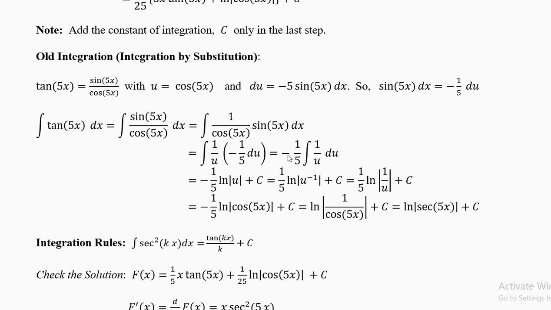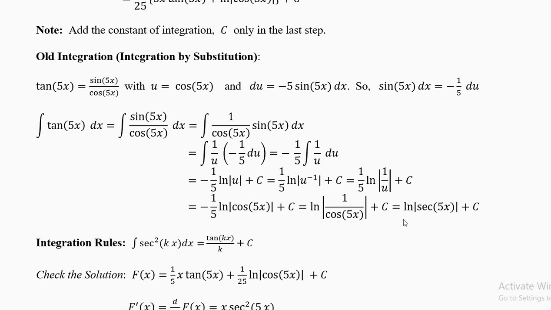Minus 1 by 5 will be out, and you will get integral 1 over u, which is logarithm natural u. So you will get minus 1 by 5 logarithm natural u, which is minus 1 by 5 logarithm. Put u equal to cos 5x back. Now this minus can be taken inside and cosine will get replaced by the secant.